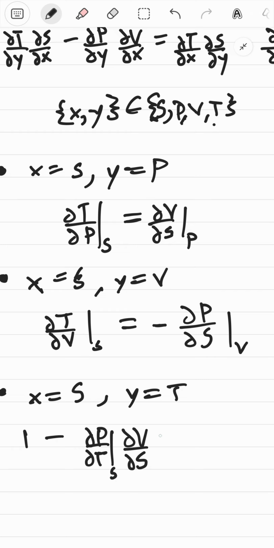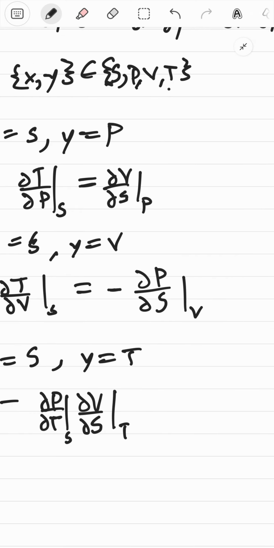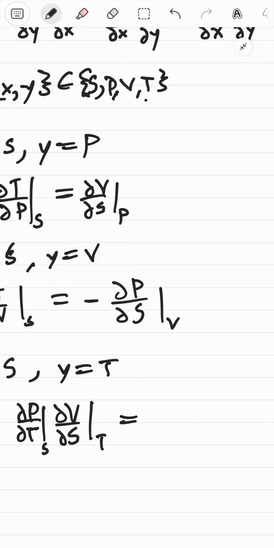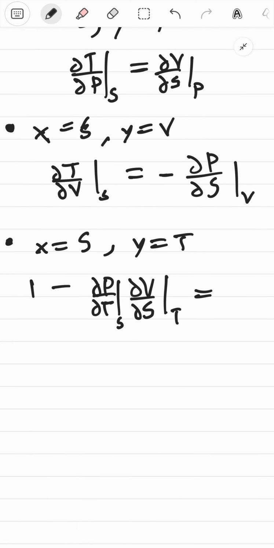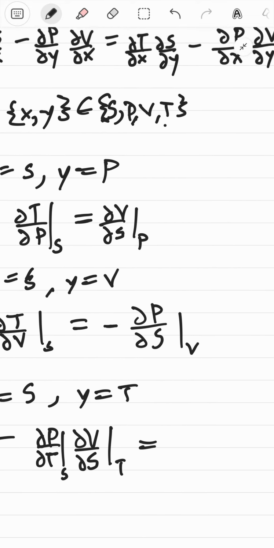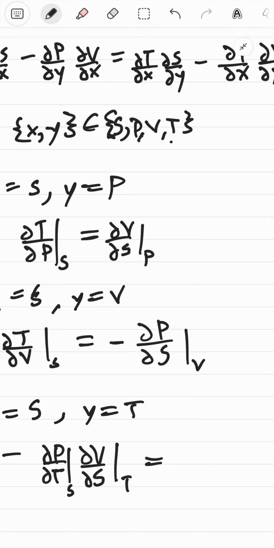This is at constant entropy, constant temperature. Notice when I say constant entropy, I mean just that your entropy is constant. Everything else could be changing as you wish, but your entropy is constant. Fine. And that's equal to this stuff.